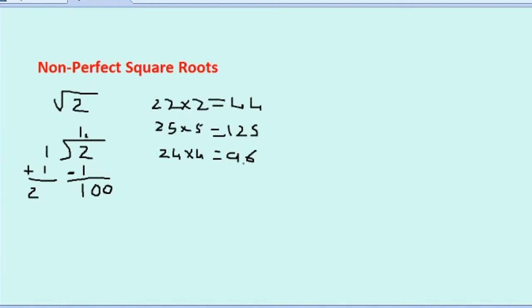This will become how much? 96. 24 into 4. So I'll write 4 here and I will write 4 here. Write the answer here, 96. Now minus this. Okay. So 100 minus 96 is how much?